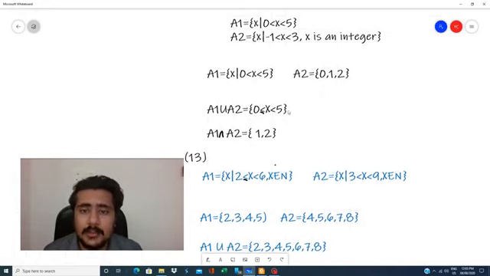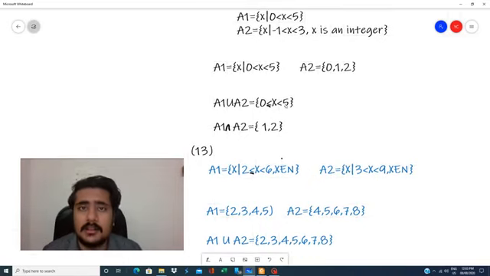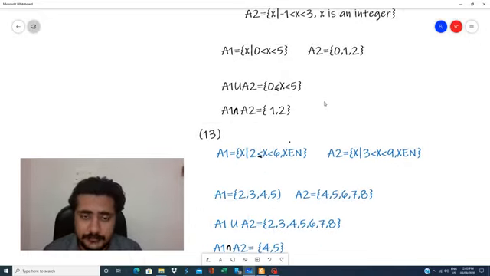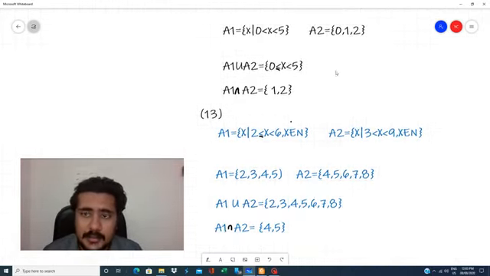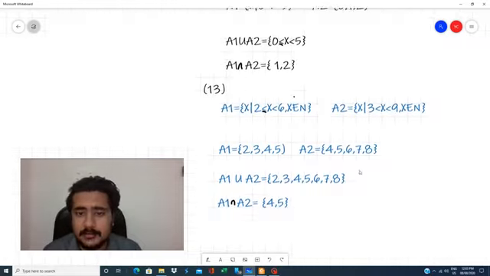Now I have put equal to 0 here because in A2 0 is there. The condition in union is that it should be in any of the events. Okay, you have to take it. Then A1 intersection A2 is 1 and 2. These two things I have written in that integer. Okay, because of intersection the integer will be the same.